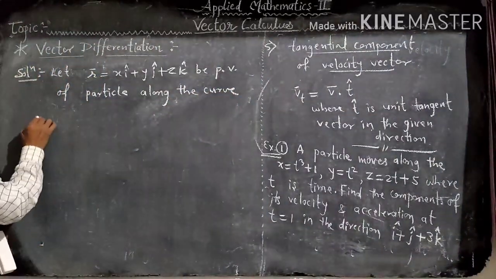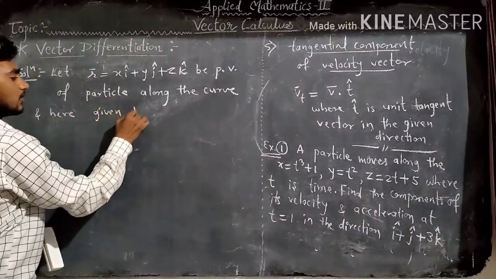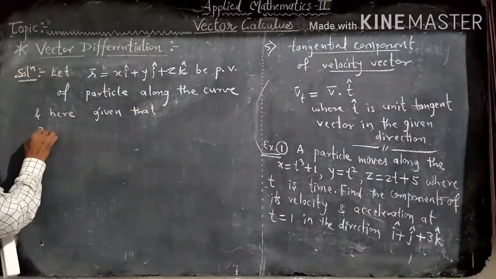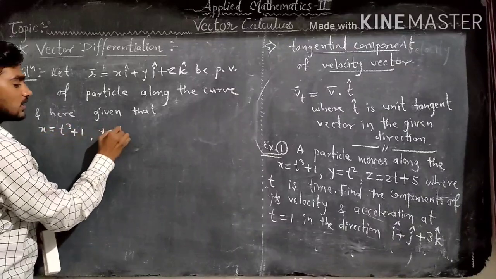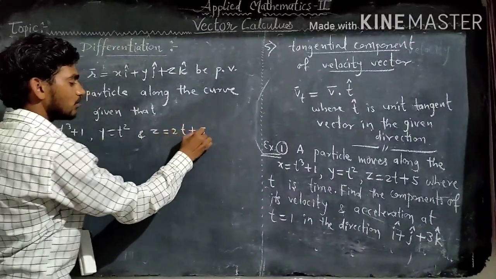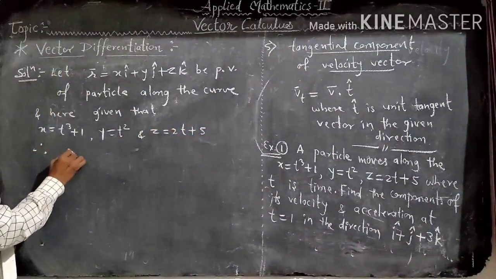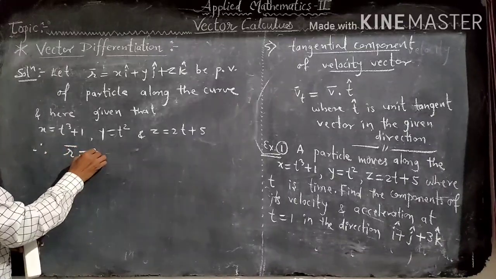And here, given that x equal to t cube plus 1, y equal to t square and z equal to 2t plus 5. Therefore the position vector r is equal to xi plus yj plus zk.